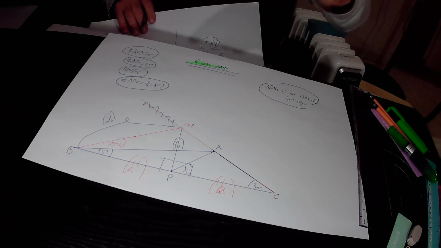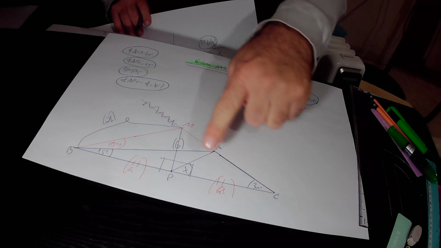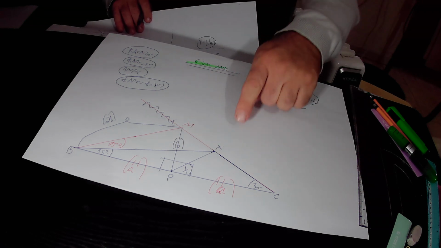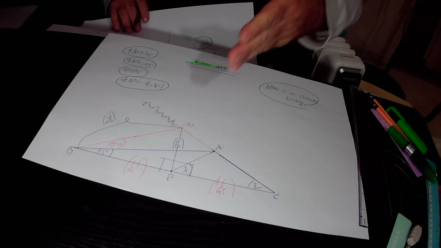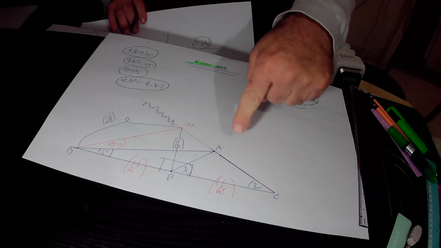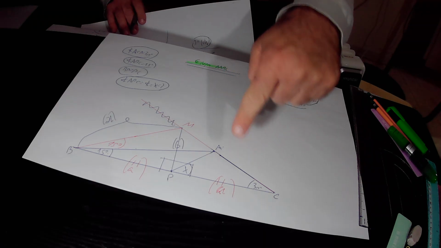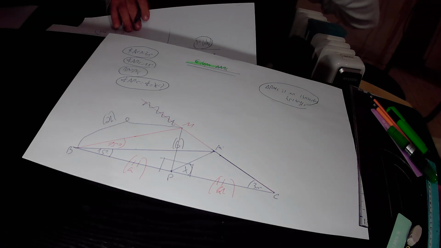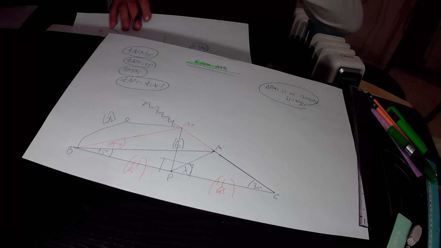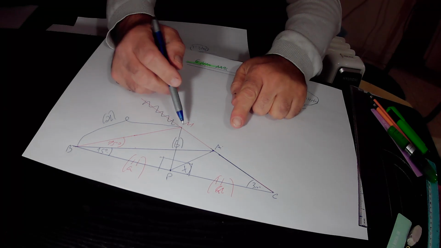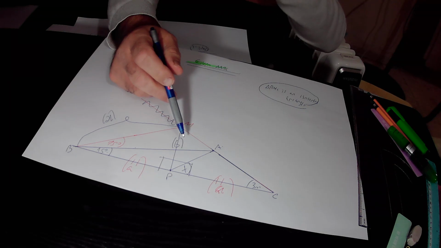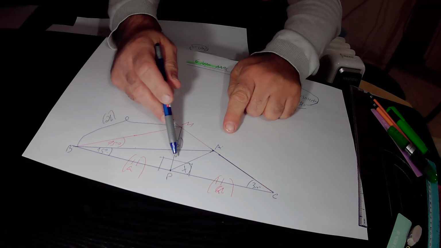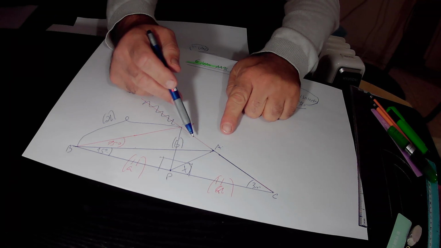Why? Because we know that in the right triangle MPC, line segment AP divides the sides of this triangle proportionally. That is to say, B over A equals MA over AC. Because line segment AP divides the sides proportionally, AP must be the angle bisector of triangle MPC.